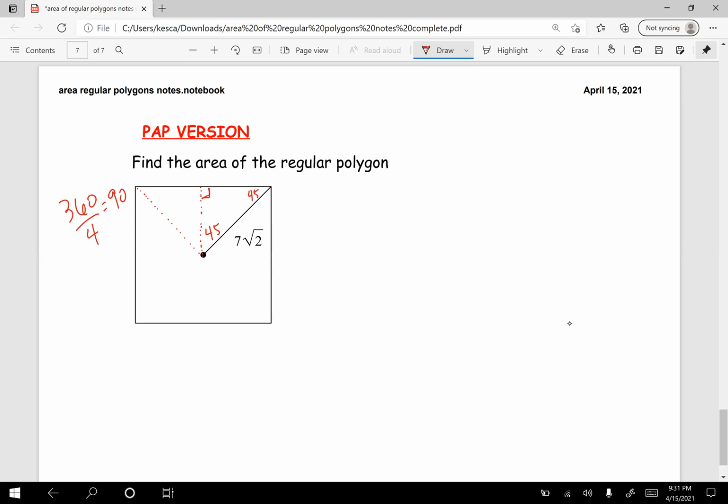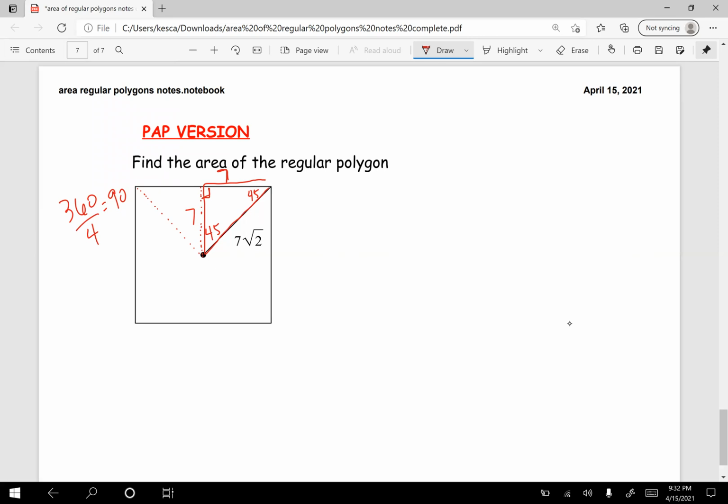So we have a 45, 45, 90 triangle right here. Well, guess what, guys? We know that for a 45, 45, 90, your hypotenuse is x square root 2, right? So guess what our legs are? They're 7. So I'm using special right triangles to find this missing side.